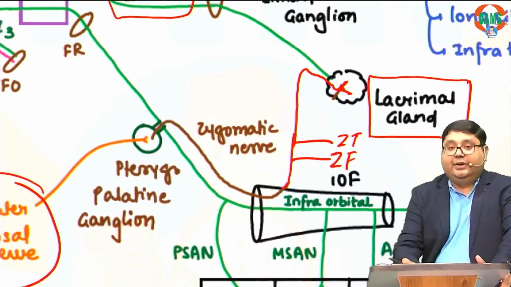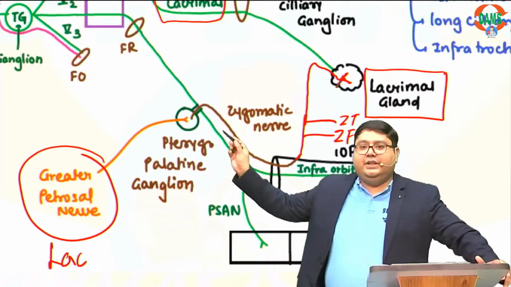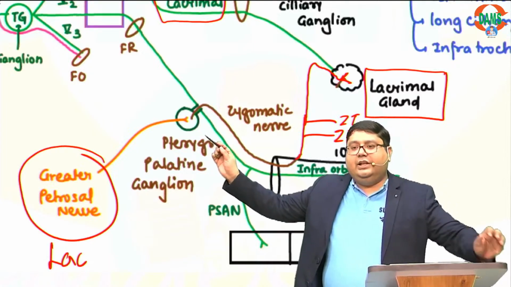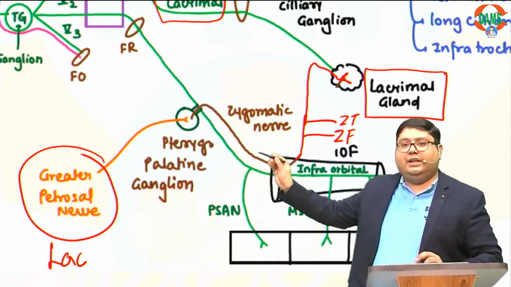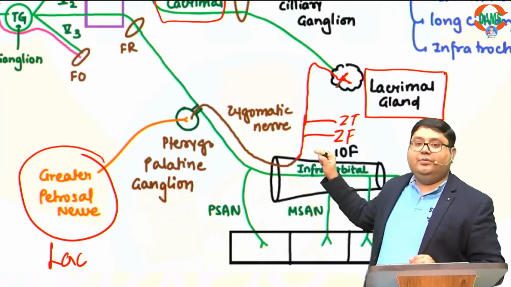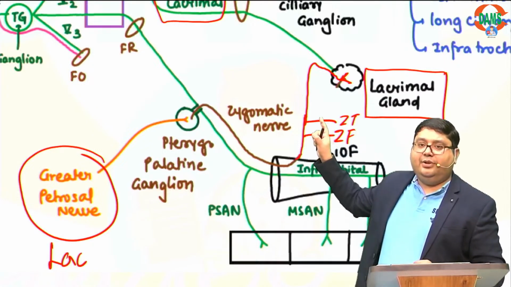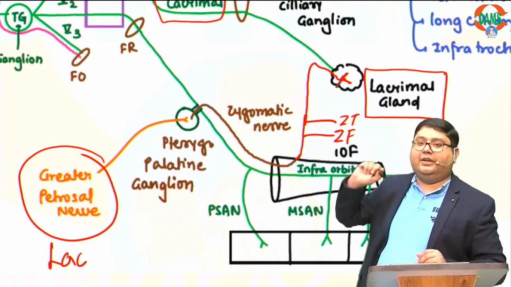So what has happened? Our greater petrosal nerve will be reaching here. In the pterygopalatine ganglion there will be a relay. After the relay, the zygomatic nerve will pick up the postganglionic fiber. The zygomatic nerve will divide into two branches, zygomaticofacial and zygomaticotemporal. But this will be giving one communicating branch over here.